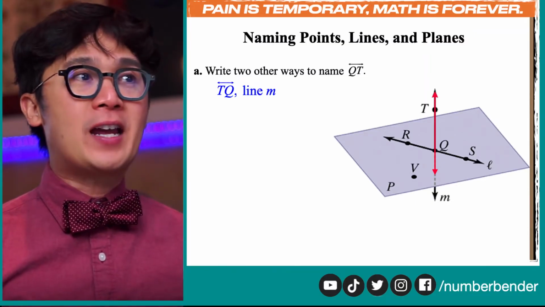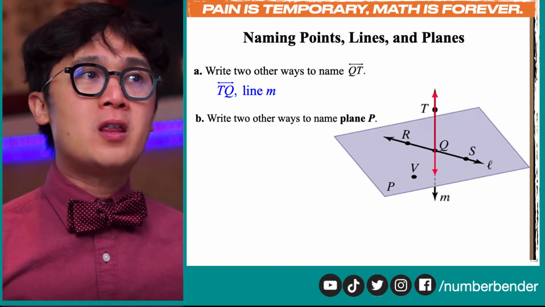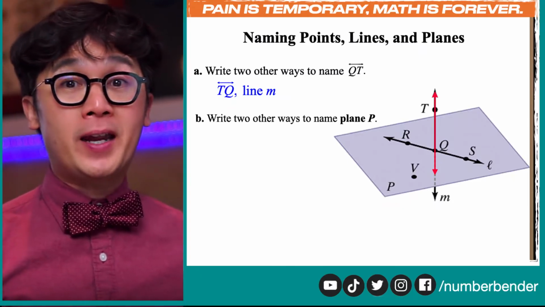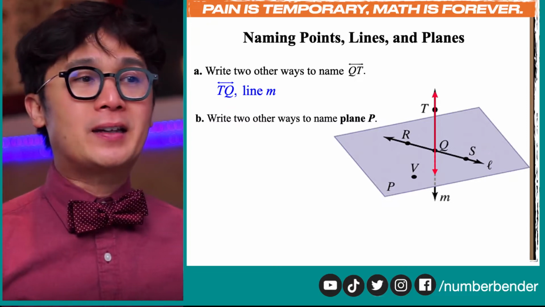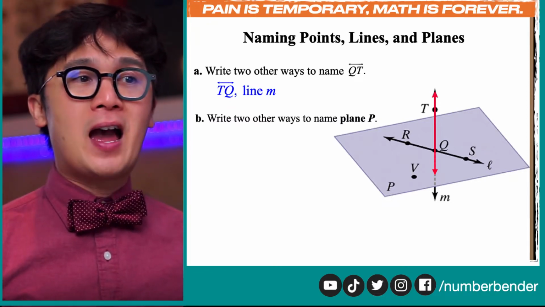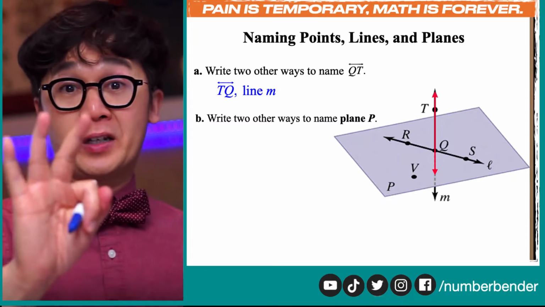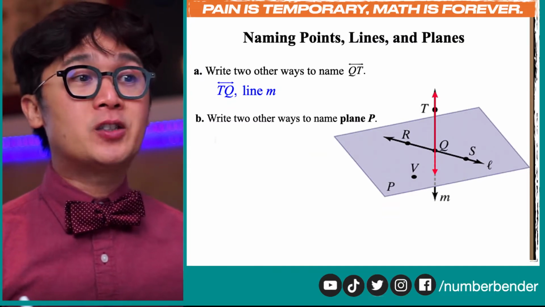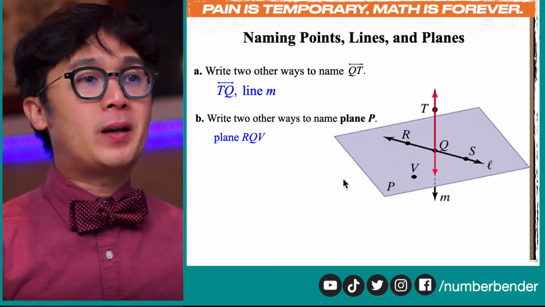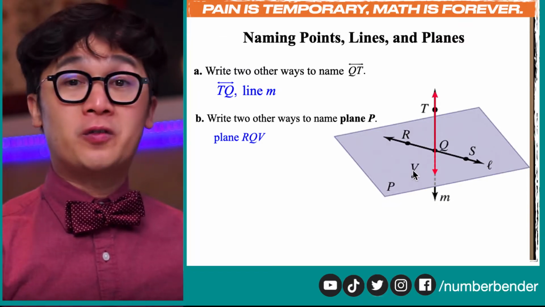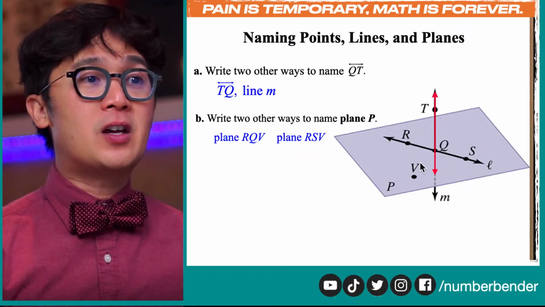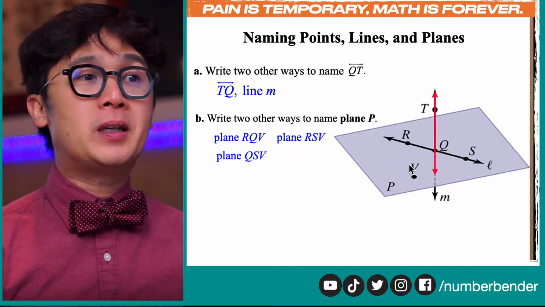And now on the second one, let's write two other ways to name plane P. And for naming a plane, if we are seeing a plane right here, we need to use three letters, and they are not on the same line. So one of them would be plane RQV, another one would be plane RSV, and another one would be plane QSV.